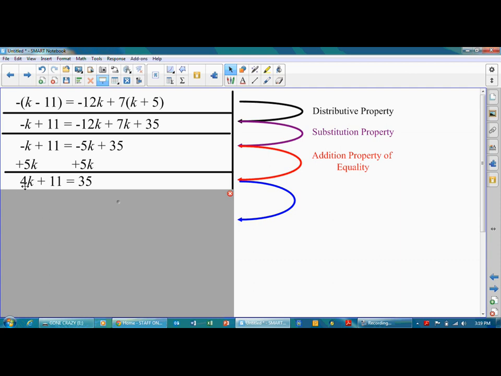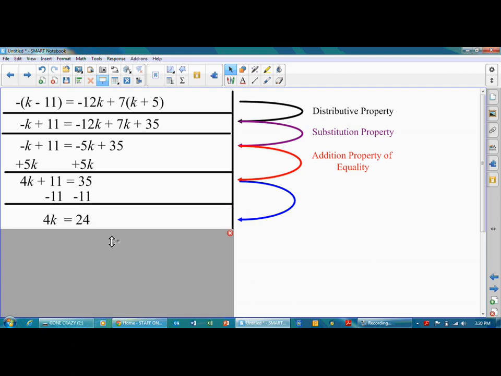Then we need to go from 4k plus 11 equals 35. We need just the k over here, so we need to take the 11 away from the left side. Since we're taking it away from the left side, we also take it away from the right, and we end up with 4k equals 24.